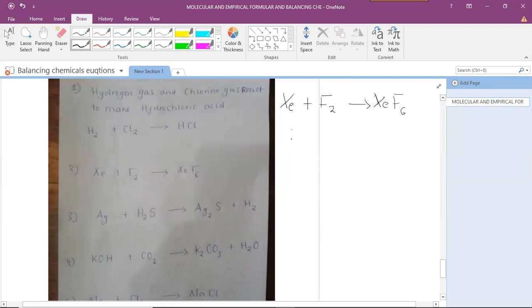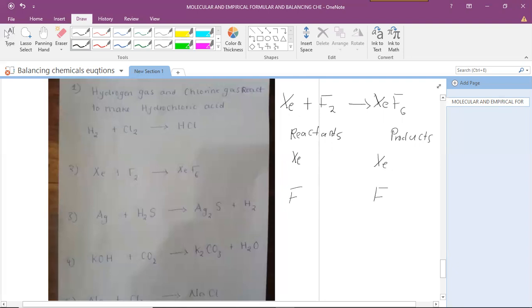So we say our reactants. We have got reactants there, and we have got products there. Our reactants, remember, we're writing the individual elements. We have got xenon and fluorine, meaning the exact same thing should appear there. Xenon and fluorine.